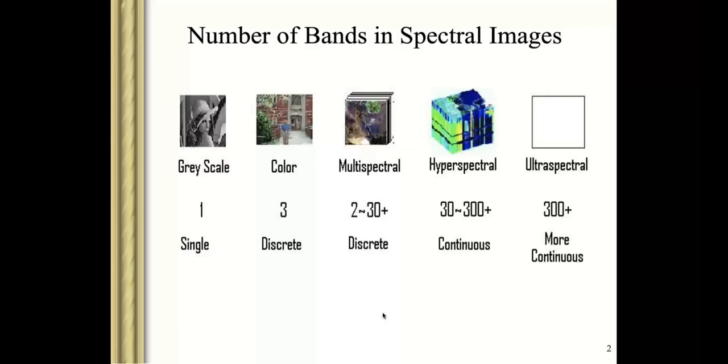So what is the advantage of going from 3 bands to 30 bands or 12 bands in remote sensing? In a 3 band image we have only RGB, but many features like plants respond much better in NIR and SWIR, meaning near infrared and shortwave infrared bands.